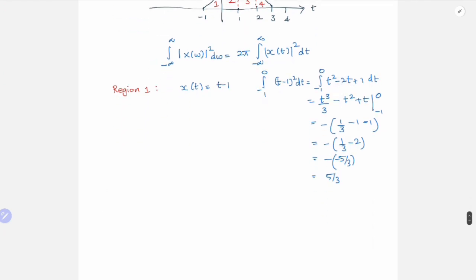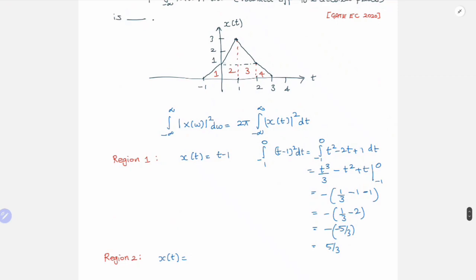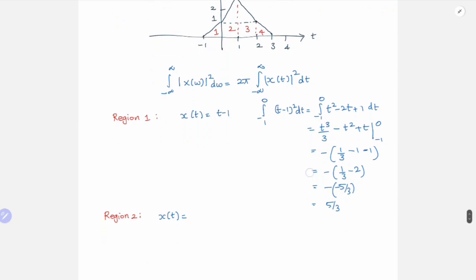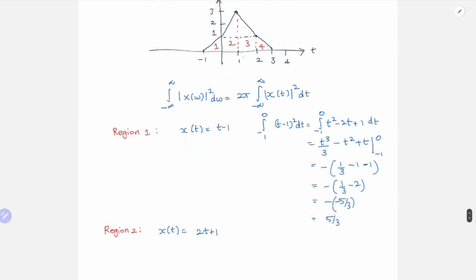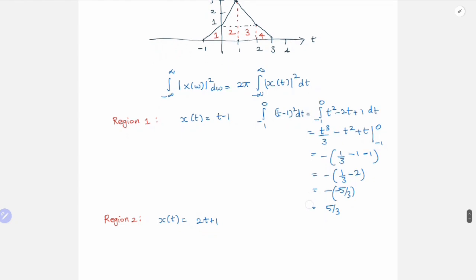So now coming to region 2. So region 2, what is my x of t? You can see its slope is now 2, right? So my x of t is 2t plus 1. So 2t plus 1, right? At 0 it is 1 and at 1 it is 3.